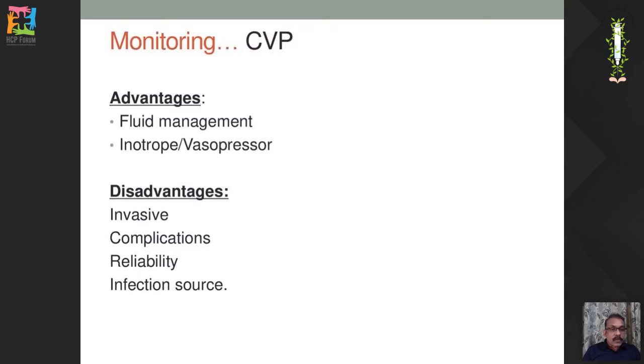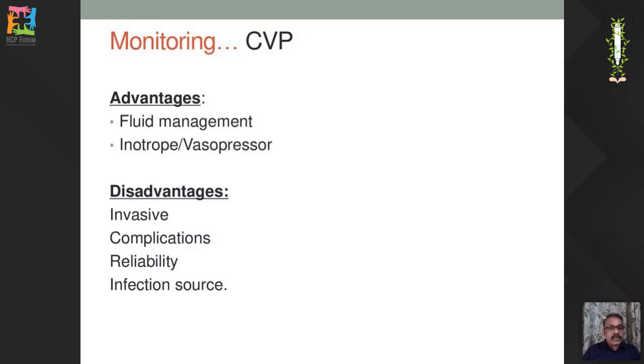About CVP. All the guidelines and textbooks say that CVP monitoring is essential during renal transplant for fluid management guidance and inotropes or vasopressors. Now, this is again a very old concept, whether CVP should be monitored or not. When we started, we used to do epidural, arterial line, and central venous pressure for all the cases. But now we have stopped putting central venous lines for most cases, unless there is a significant cardiac element where the patient can require prolonged vasopressors, or it is a redo transplant, or a complex surgery.